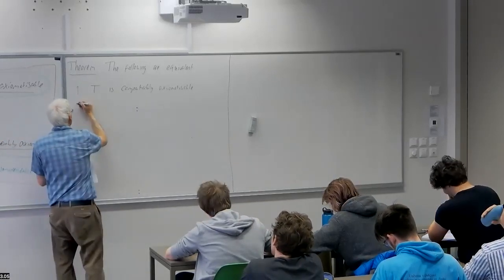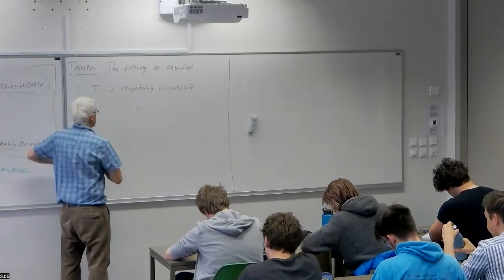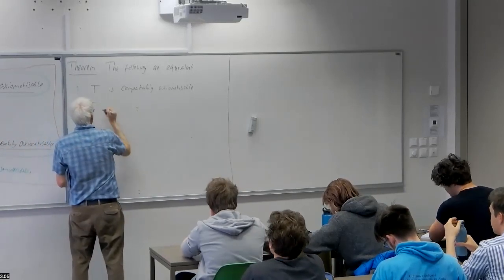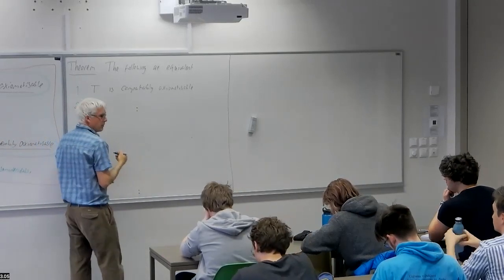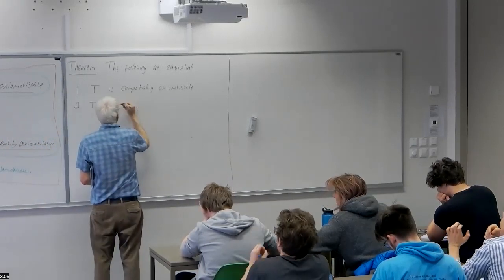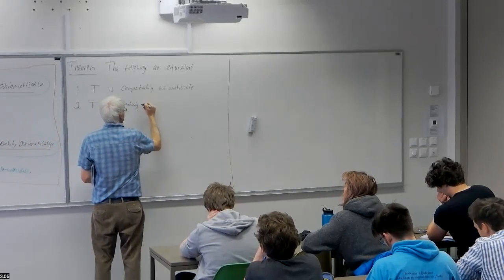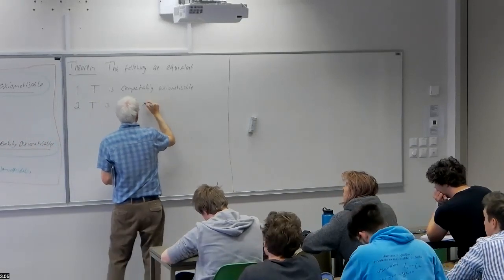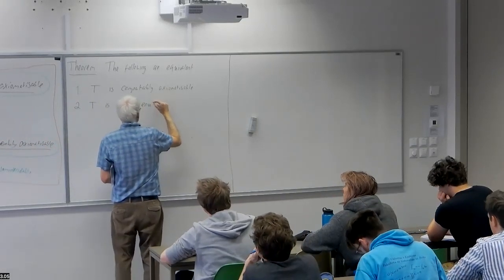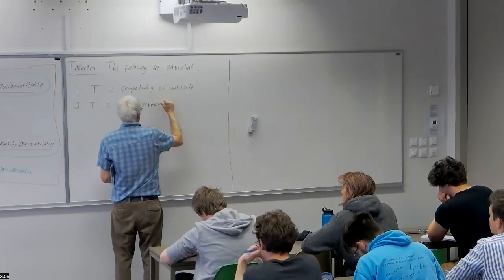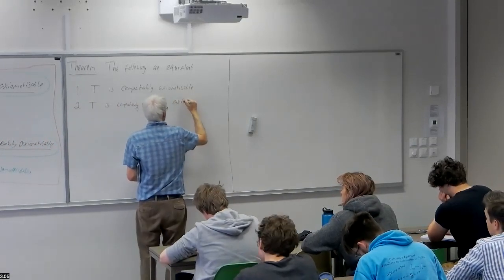Two, T is computably enumerably axiomatizable. So having a nice computable axiomatization is the same thing, it turns out, as having a computably enumerable axiomatization. Fortunately, we won't need to say computably enumerably axiomatizable much more.